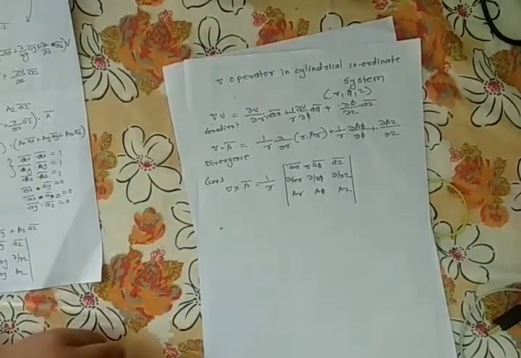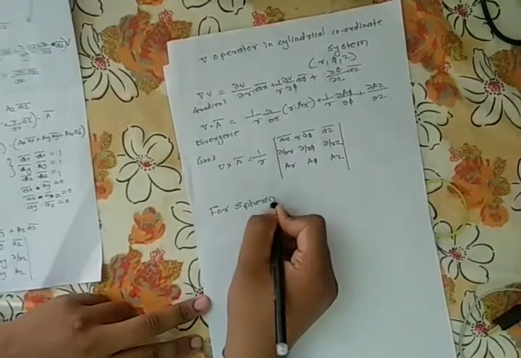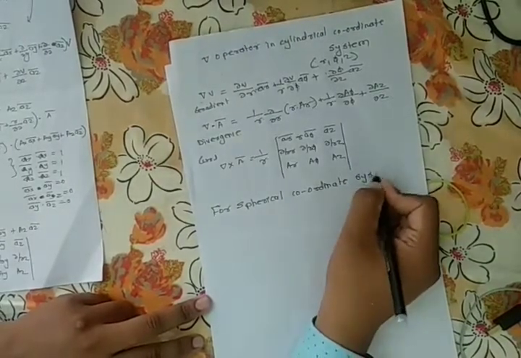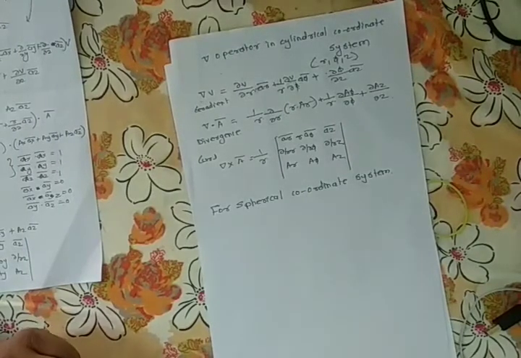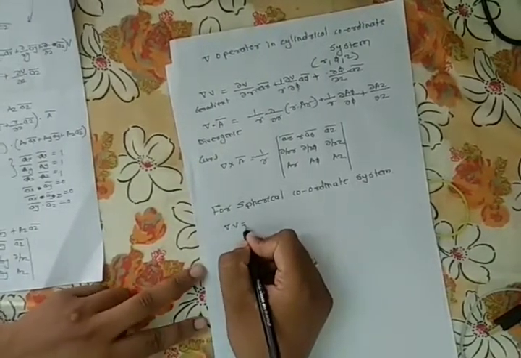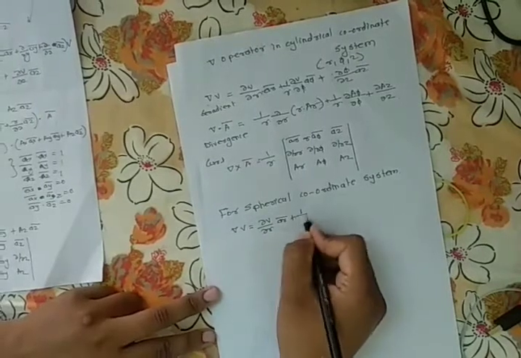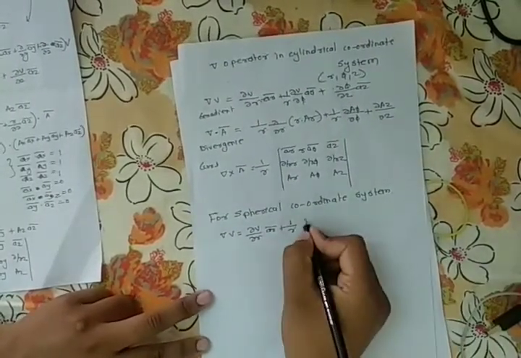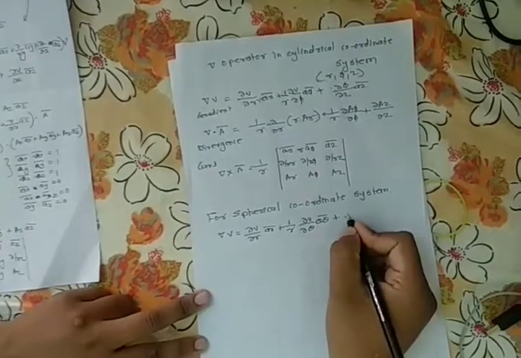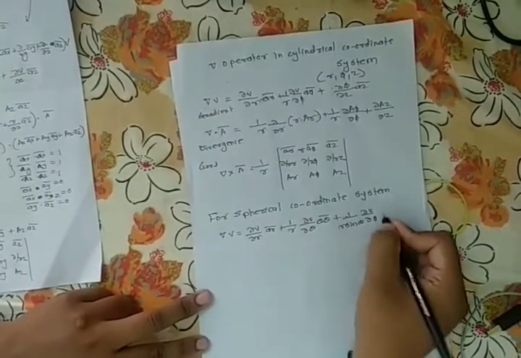Okay, and for the spherical coordinate system, del V is given by del V by del R, AR bar, plus 1 by R del V by del theta, A theta bar, plus 1 by R sin theta del V by del phi, A phi bar.